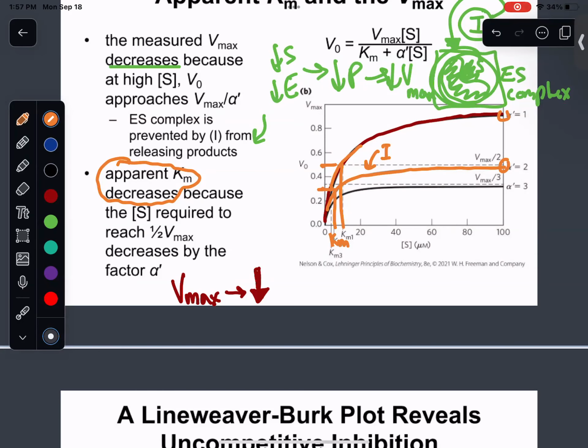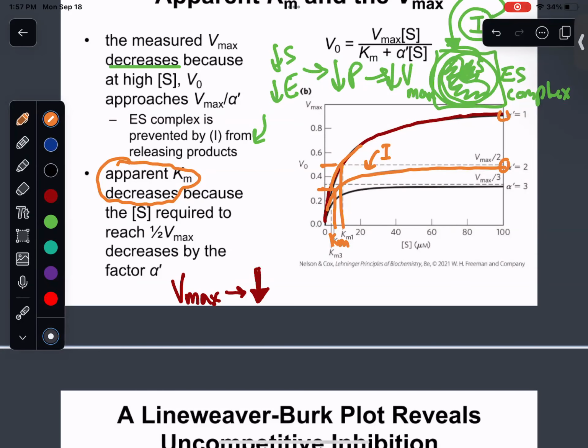Let's look at the Lineweaver-Burk aspect of our uncompetitive inhibition. We saw the Michaelis-Menten curves; now we're looking at the Lineweaver-Burk plot. These are also fun when you get them on a test. I love when I see these on a test. Why?